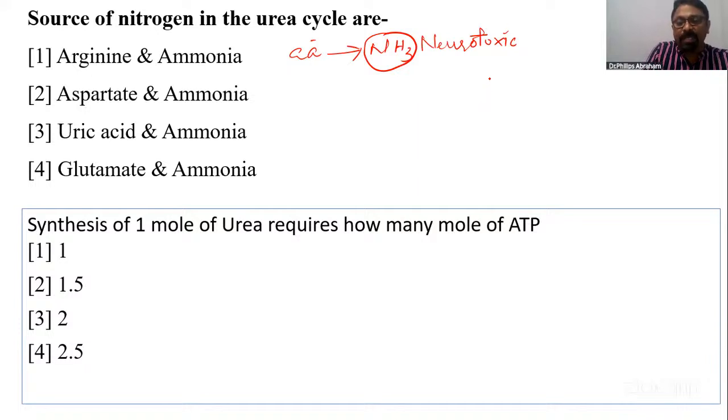First, in the cells, what happens? In the brain, this ammonia combines with glutamic acid, GLU standing for glutamic acid, and forms the amide form, glutamine. And that will be transported towards the liver.